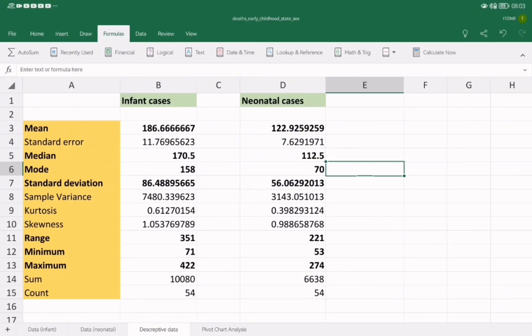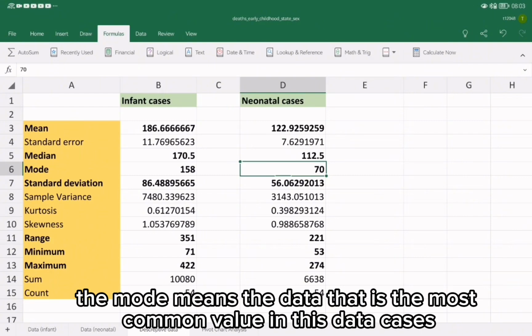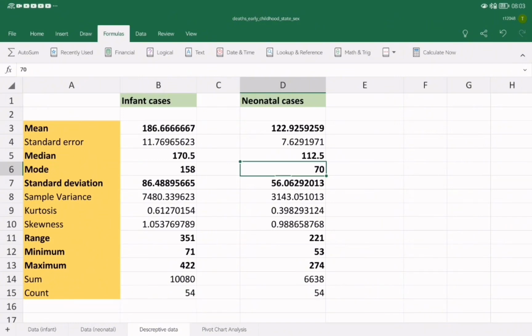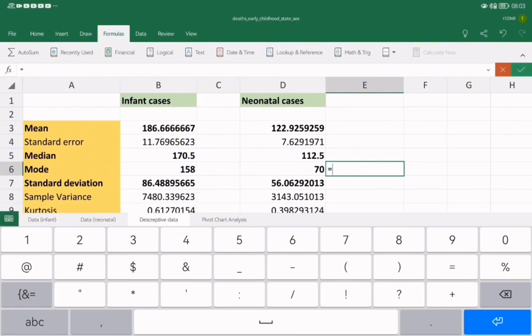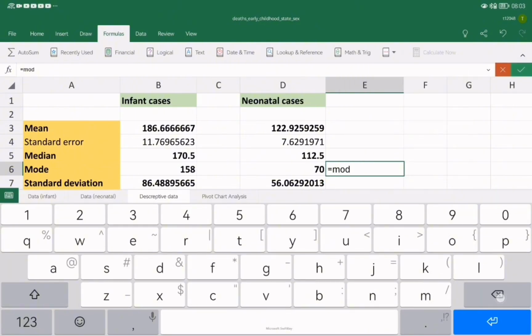The mode for infant cases is 158, and for neonatal cases is 70. The mode means the most common value in the data set. To find the mode, I use the mode function and I choose the data.